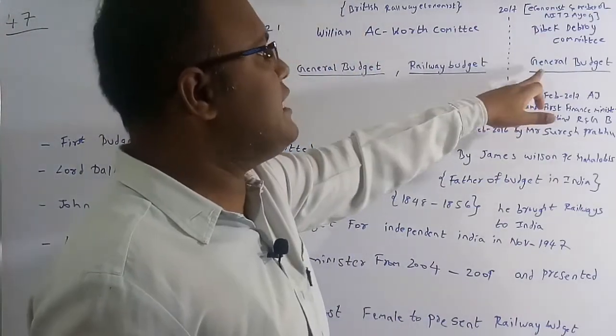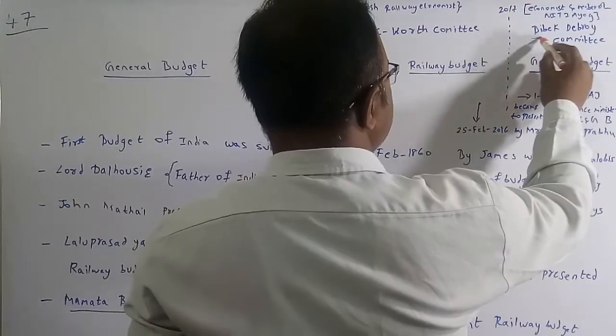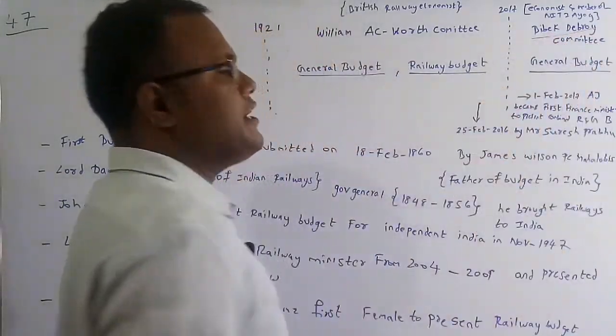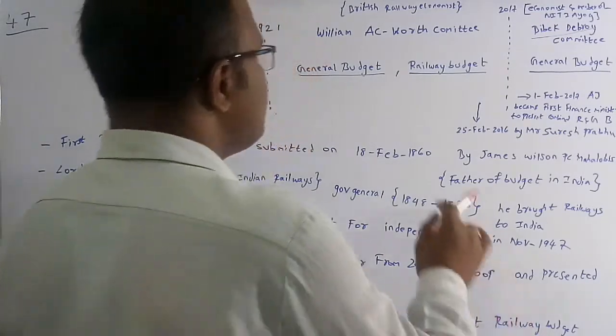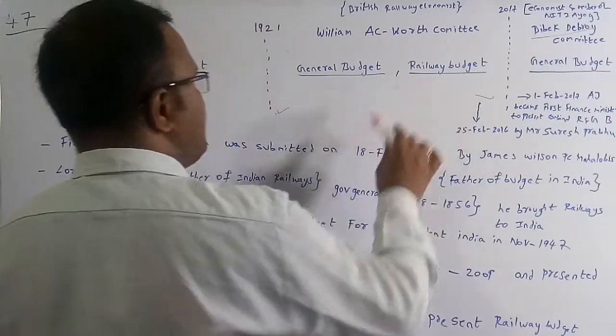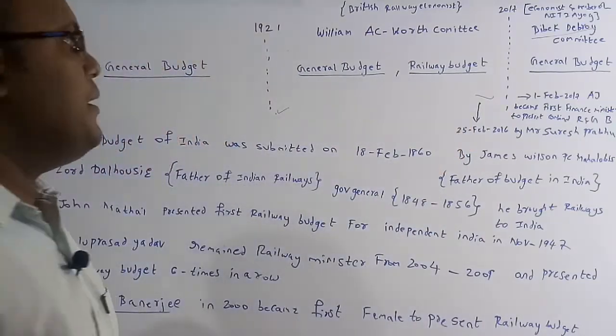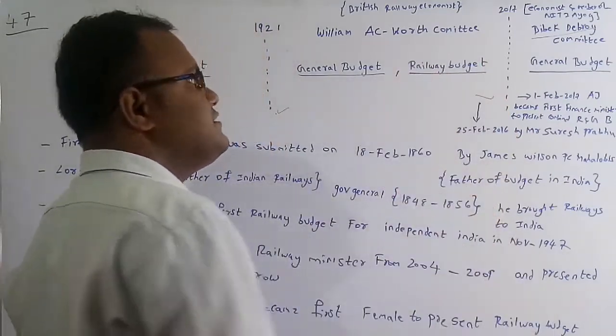Bibek Debroy is an economist and also a member of the Niti Aayog. If you see carefully, from 1921 to 2017 only was the railway budget separately executed, but after 2017 it was merged with the general budget.